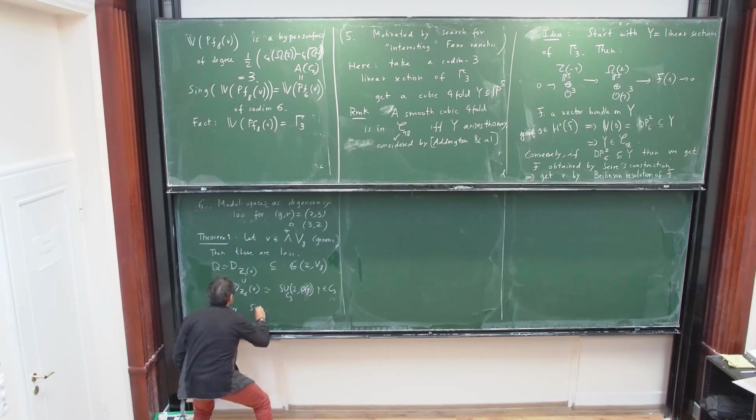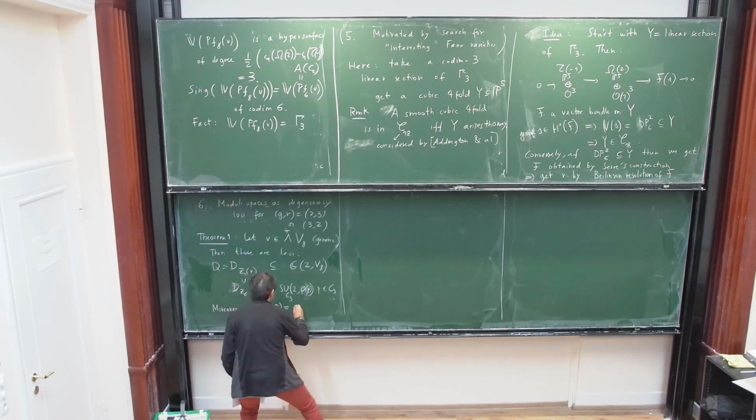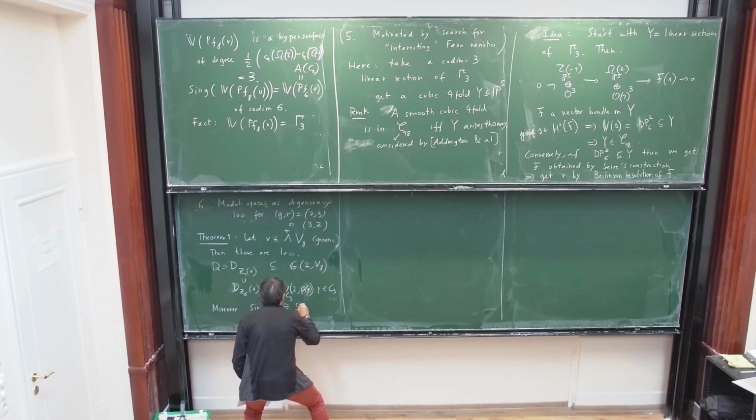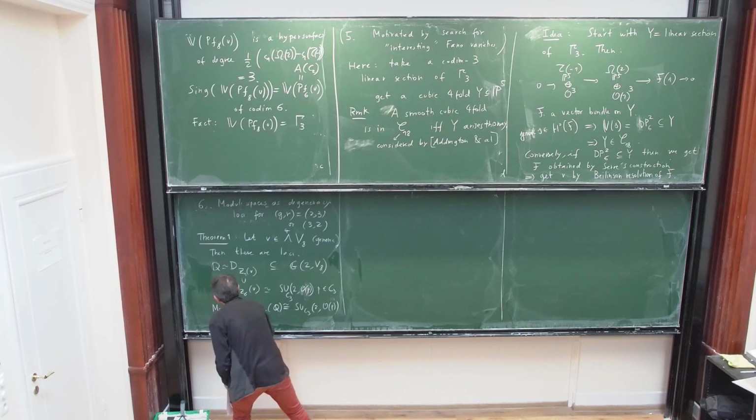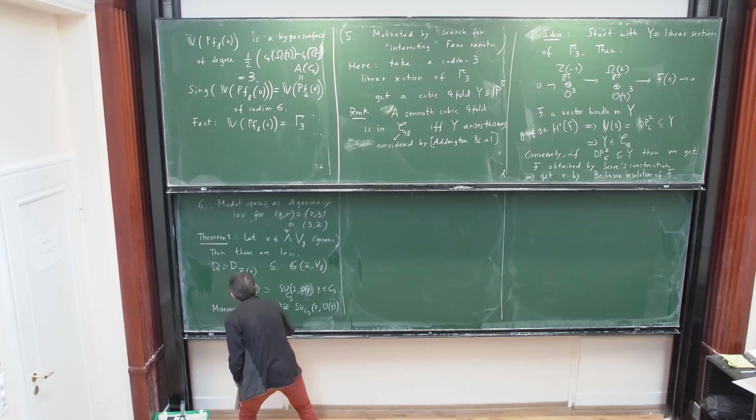So the singular locus of the first degeneracy locus is precisely the second degeneracy locus, and Q is unique with this property.